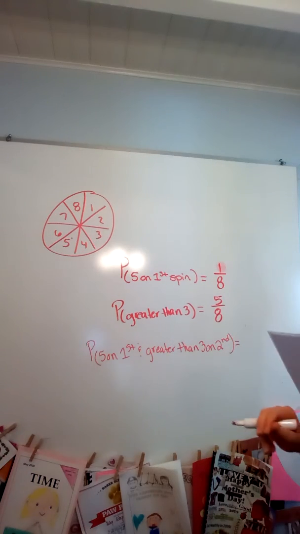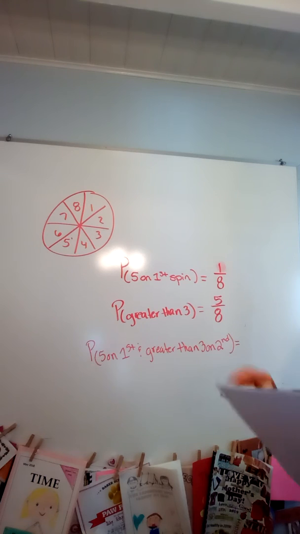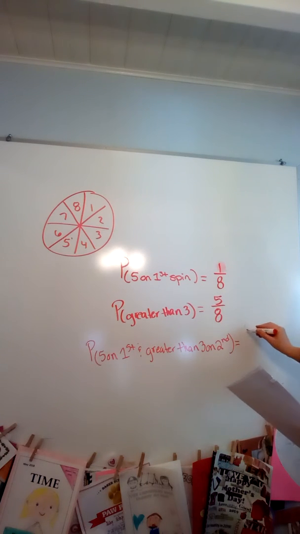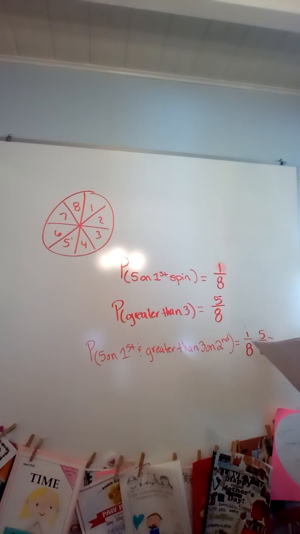Since they are independent events, you take these two and multiply them together. That's based on the definition from the previous page. So it's 1/8 times 5/8, which gives you 5/64. You can leave that as your answer, or give a decimal approximation if the directions ask you to, of 0.078, or move the decimal 2 places and give 7.8%.